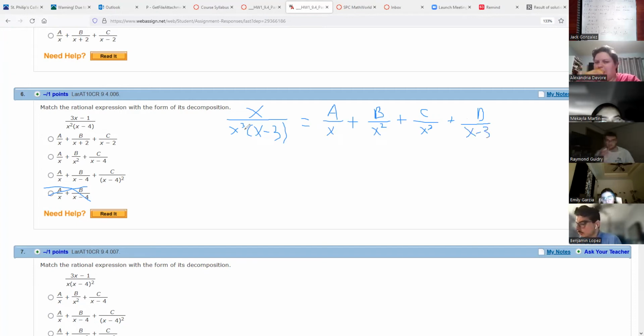So whenever you have a power that's not 1, we call that a repeated linear factor. Because if this original one is linear, it just has a 3 on it. So go 1, 2, 3, and then you do this part. Okay, so which one do you think it's going to be? All right, we have a 2.